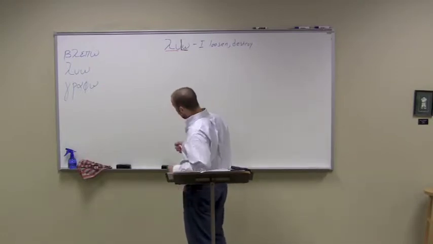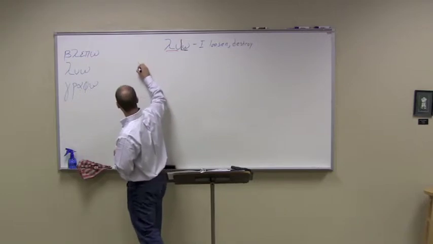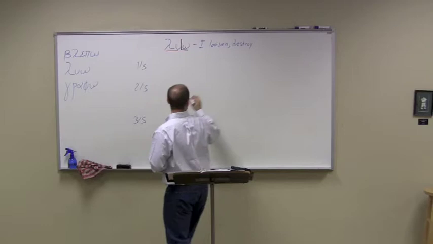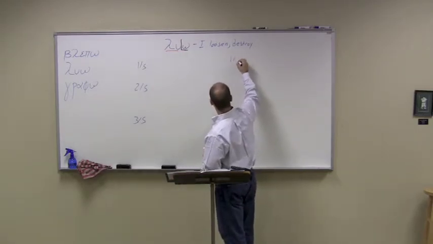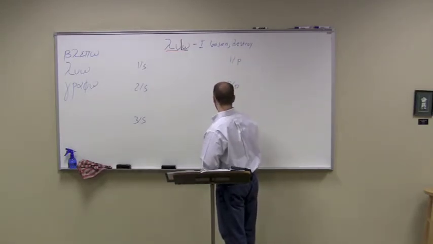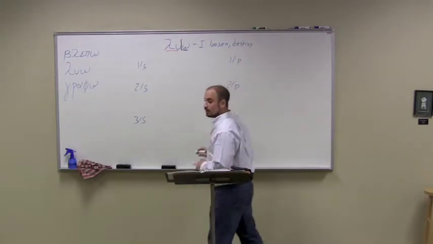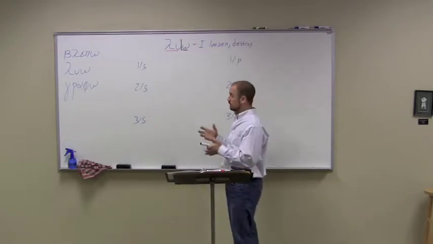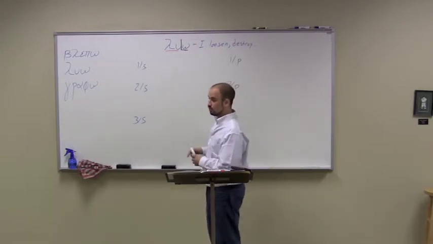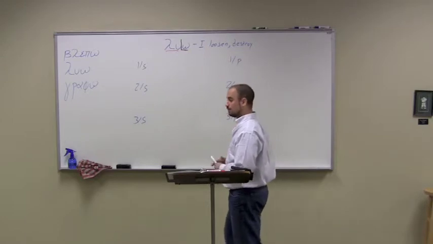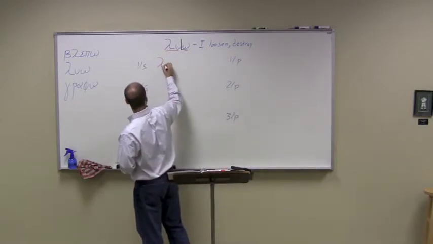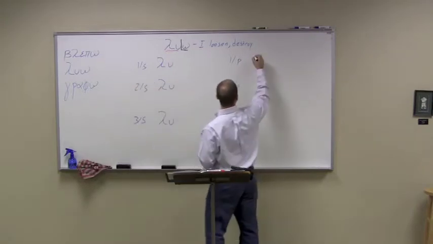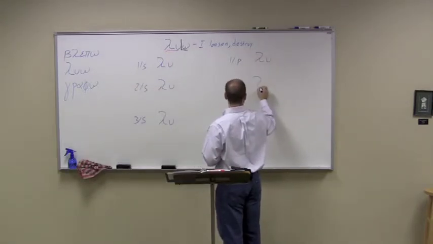Now, when we form our paradigms, we'll have our first singular here, our second singular here, our third singular here, then first plural, second plural, third plural. If I were to ask you, which I probably won't ever do, to conjugate a verb for me, you can lay this out and then just take lu and fill it in all of these places.